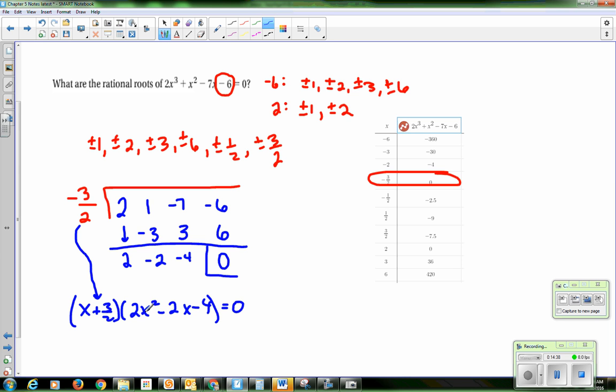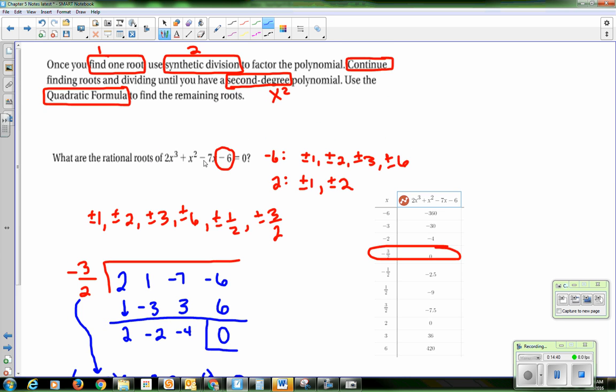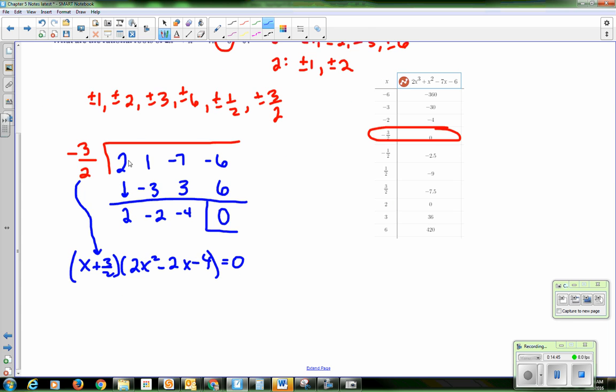And then we can use quadratic formula. So this is the scenario where we have a second degree polynomial and we can use quadratic formula. I'm actually going to factor out a 2. Minus x minus 2. I'm sorry.